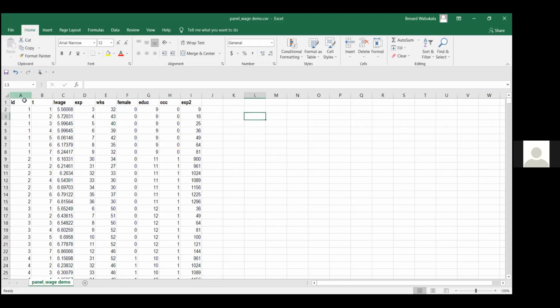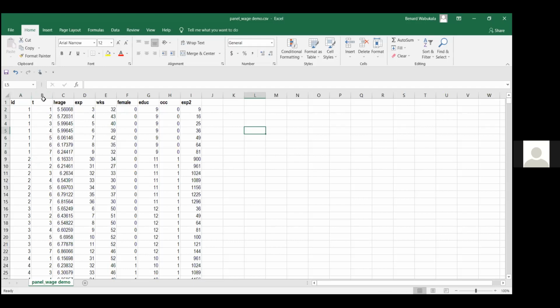I'll start with column A, and we are seeing the heading is ID, individuals from number 1 up to the last. And we said, for panel data you observe individuals repeatedly over time, depending on what you're asking or finding out.